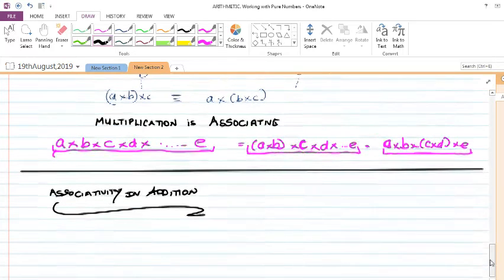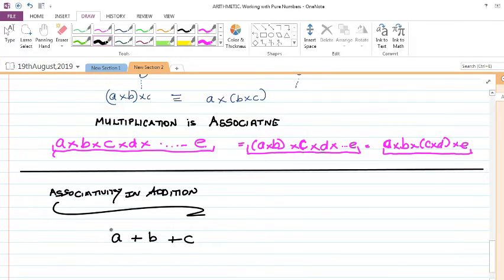Alright, so the question we're asking ourselves: write three numbers in order, A plus B plus C. I can do this first. I want to know if it will be equal to A plus B plus C with the other association first. We could try numbers.